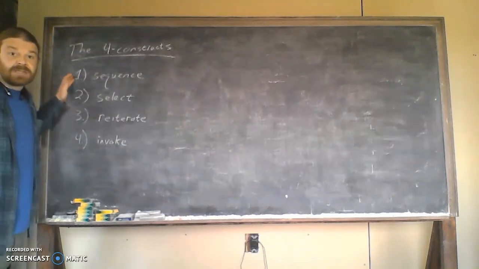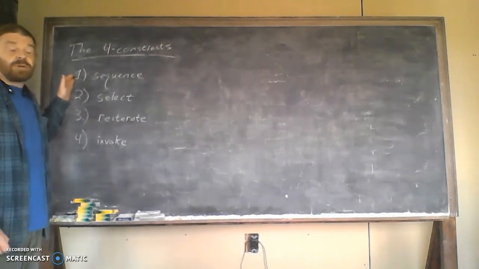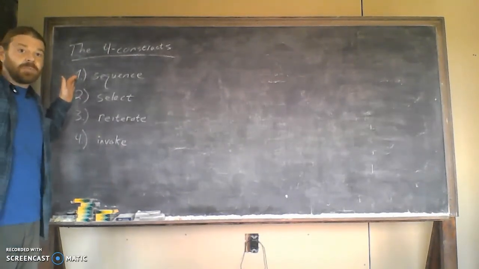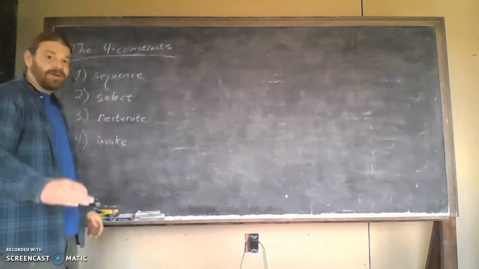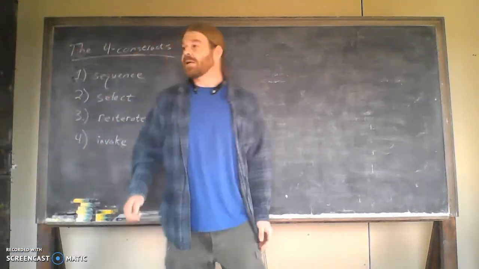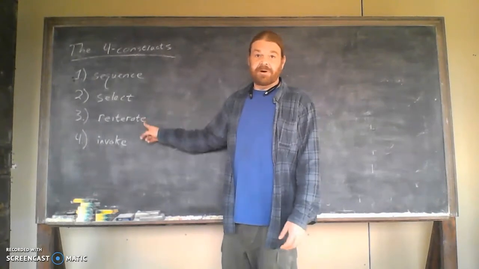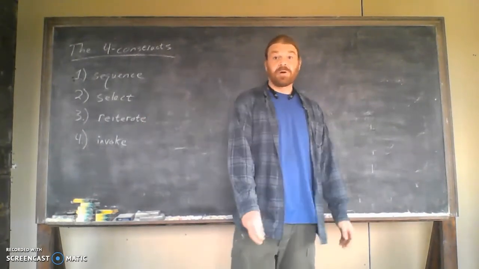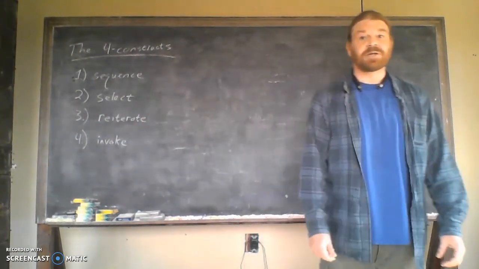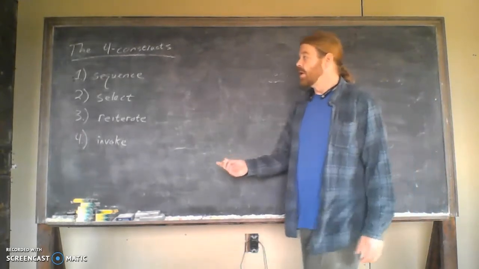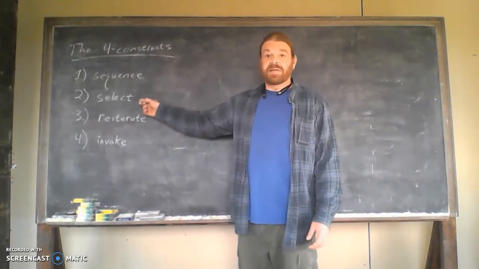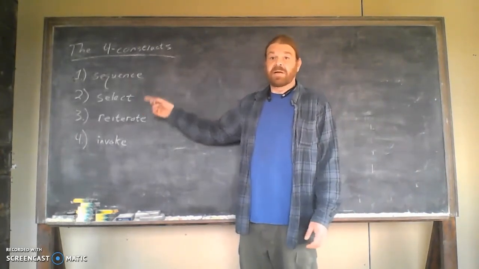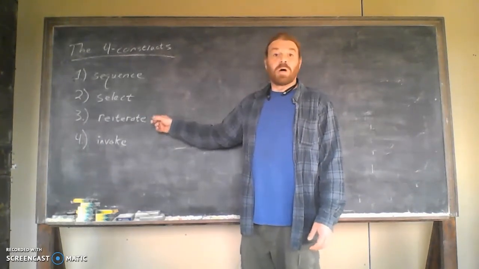Sequence in programming is pretty much trivial. We start at the top and work down. Selection and reiterate, we saw those last week. Selection structures and reiteration structures are if, elif, else blocks in Python, or while and for loops.